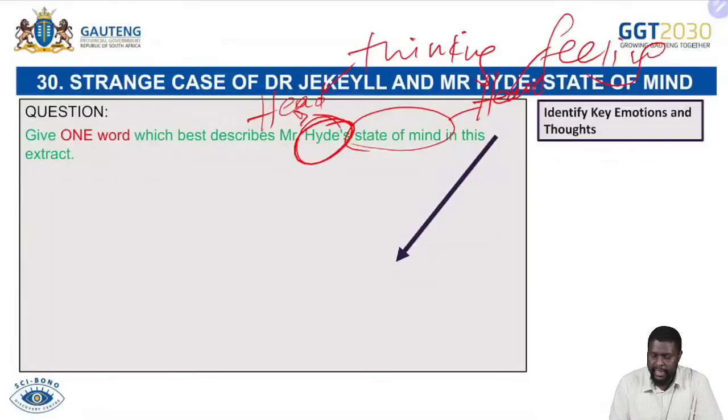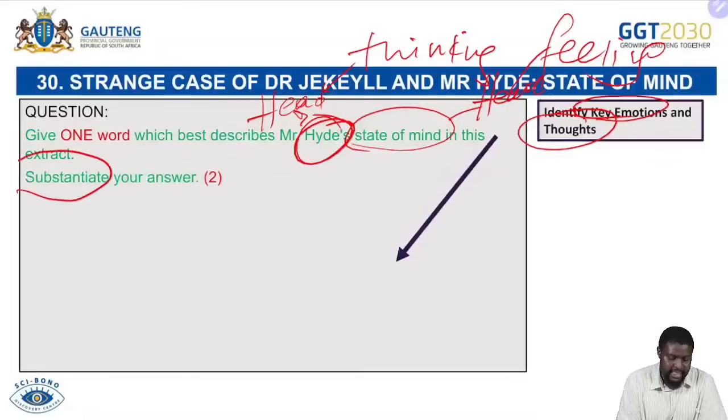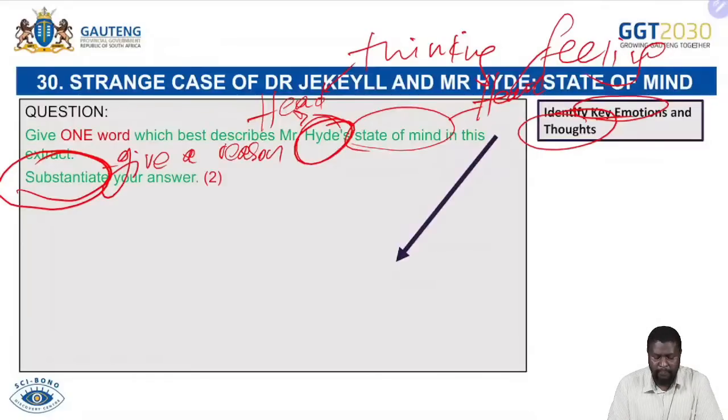Key emotions. Identify key emotions and thoughts. If you are not sure, you go back to the line, you go back to the extract again. You will find the emotion, you will find the thoughts, and give a reason for your answer. When you say substantiate, we say give a reason. We want a reason for your answer, for your opinion. What does this extract reveal about Mr. Hyde's state of mind?